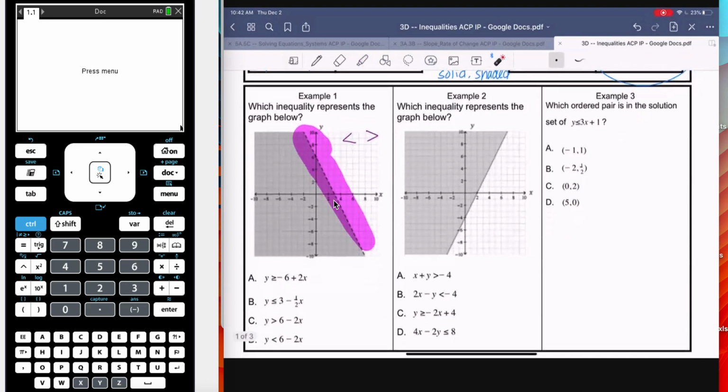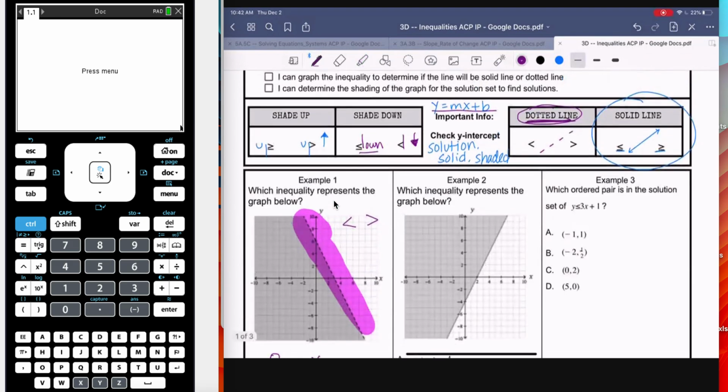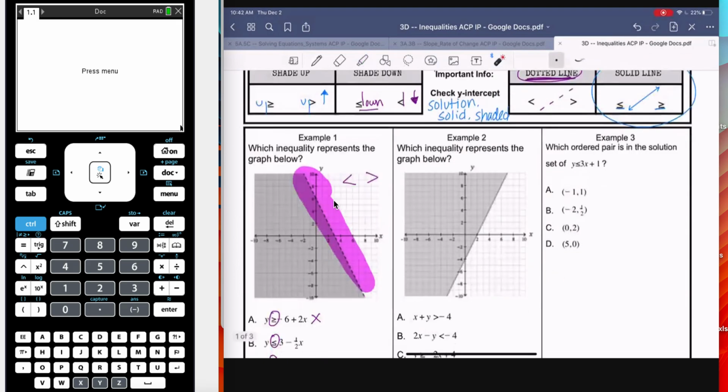So first thing I want to do is look at my answer choices and find which signs would be a broken or dotted line. And what I notice is that A would not be correct because A looks like the solid line here, because it has a line underneath it.